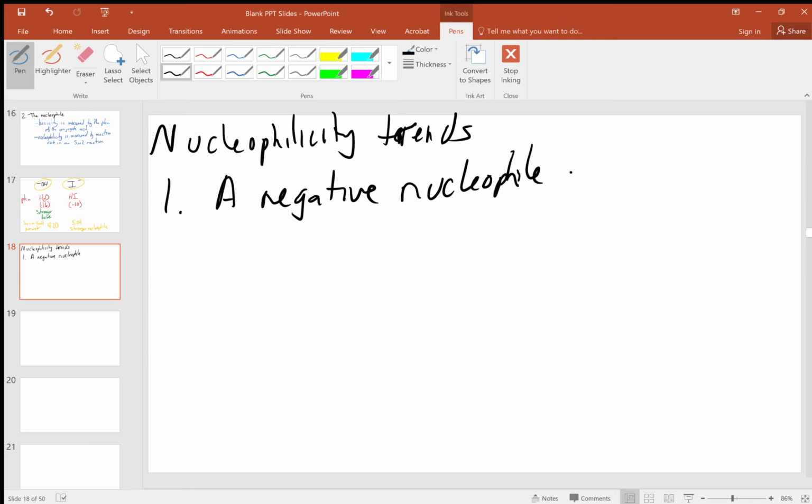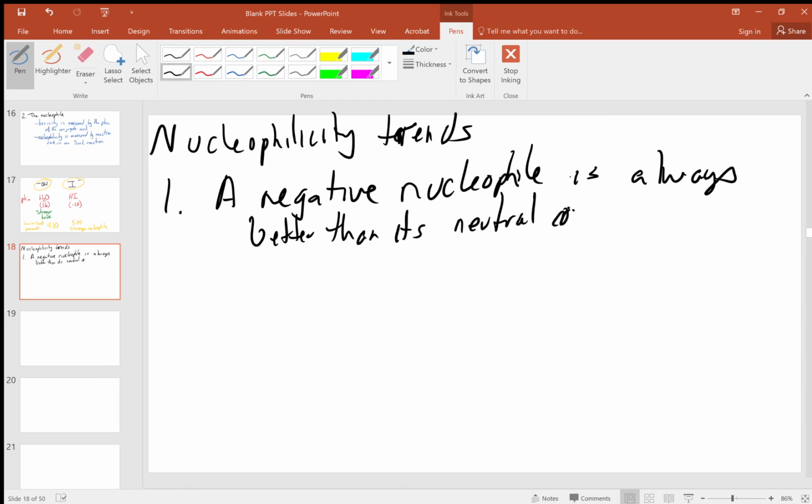So a negative nucleophile is always better than its neutral counterpart. For example, if we look at water, how do we make water negative?